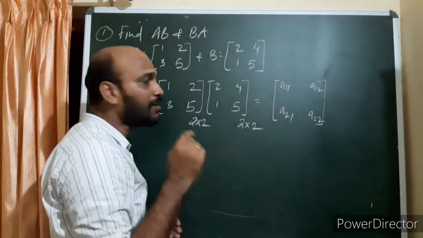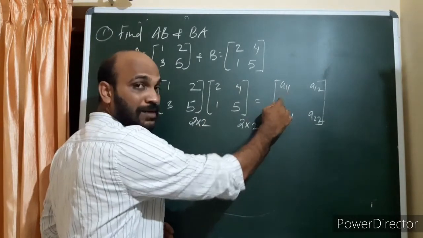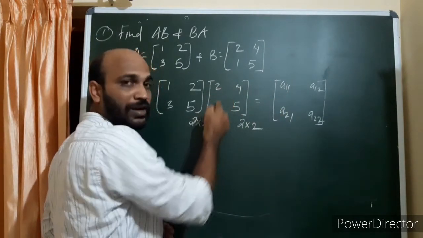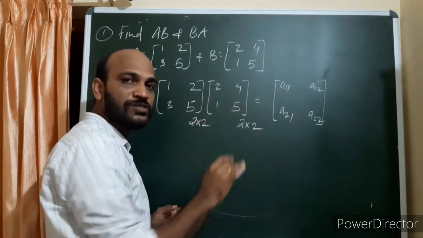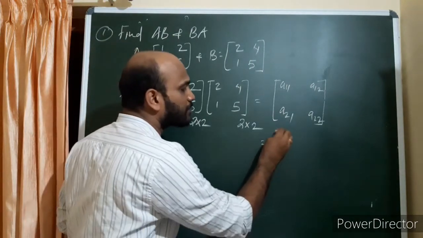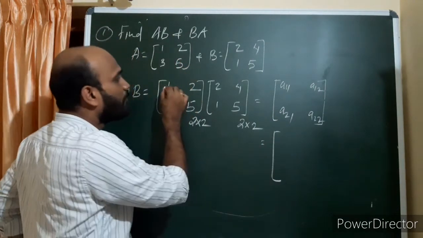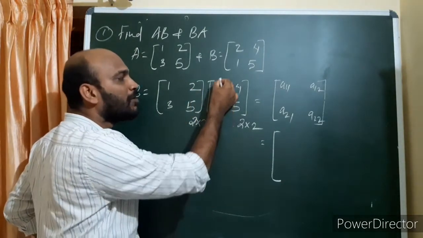The second index represents the column, that means you have to take the first column. First row and first column we have to multiply. We have to multiply corresponding elements. That means the first element of the first row you have to multiply with the first element of the first column.